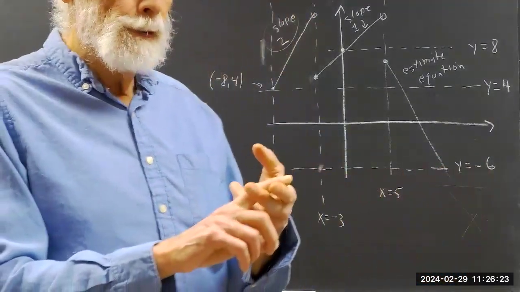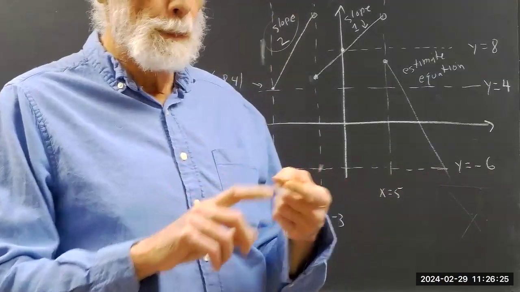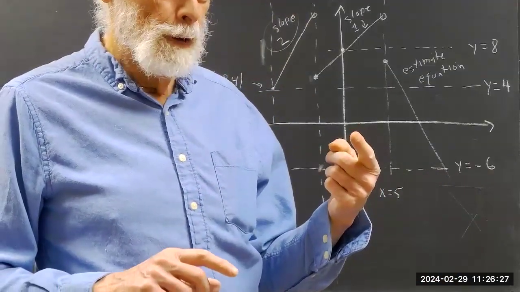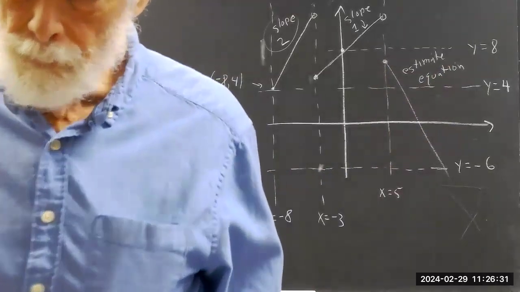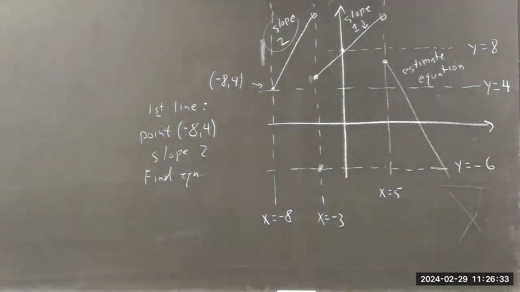If you got 2 points, you can determine the equation. If you got 1 point and the slope, you can determine the equation. And there are straightforward methods for doing that. And if you happen to have the y-intercept and the slope, it's really easy.